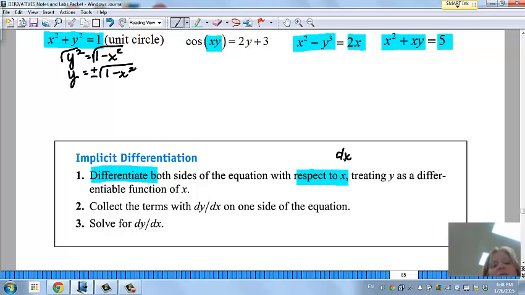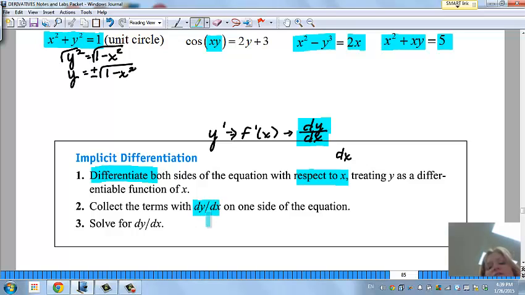We use y prime or f prime of x, which means, remember, dy/dx. So this is the form you'll be using for implicit differentiation, dy over dx. Then you collect the terms with dy/dx on one side of the equation, because you're solving for the derivative, and then solve for dy/dx.